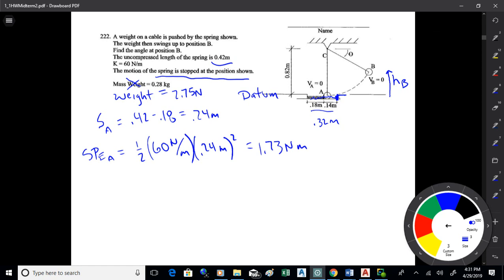So the one important thing here is to find the stretch. Sometimes people make mistakes finding the compressed length of the spring. That's the difference between the unstretched length or uncompressed length, which is 0.42, and 0.18, which is the length that the spring is at A.